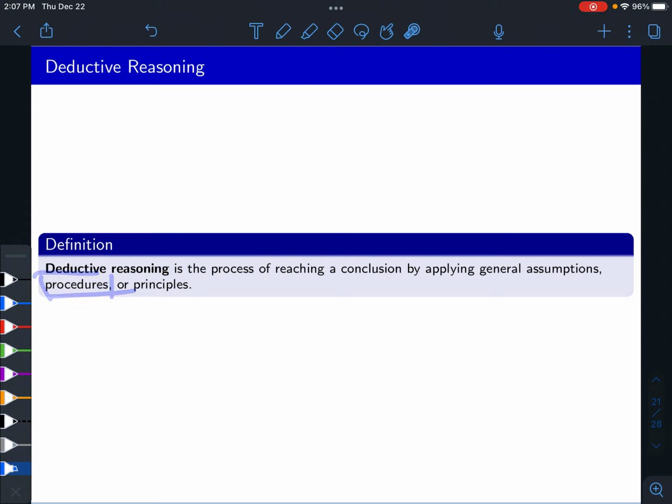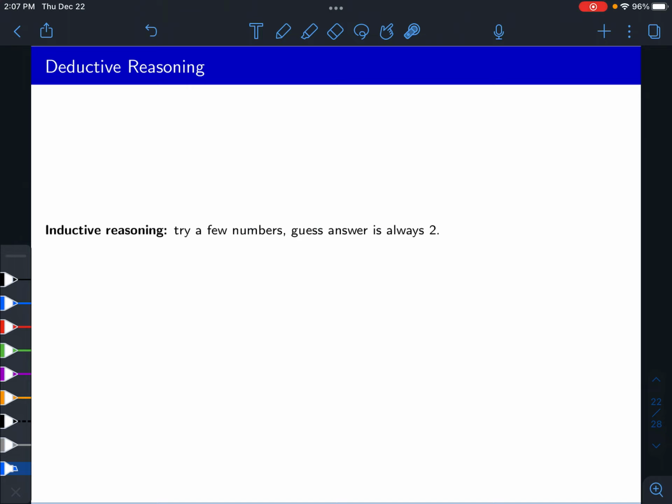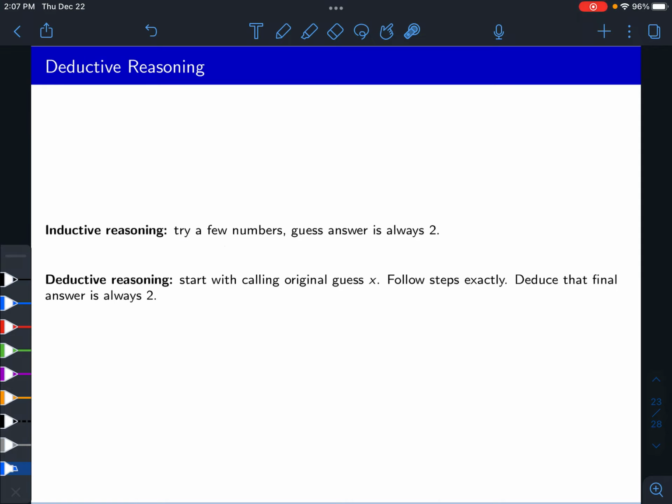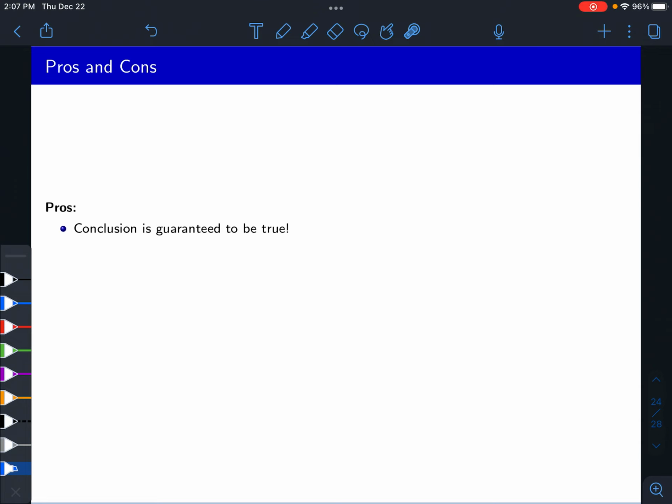In this case, we're applying a procedure and then reaching that conclusion. So again, to summarize, inductive reasoning, we tried a few numbers and we guessed that the answer should always be 2. Deductive reasoning would be start with calling our original guess x, follow the steps exactly, and deduce that the final answer must be 2.